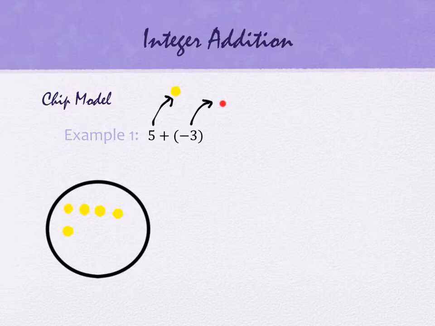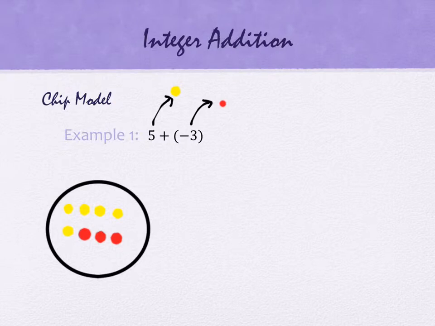And then what do you think I'm going to do? Well, I'm not going to mark them out. I'm adding, so I'm going to add in 3 of the red chips, whatever your color was. So I've got 3 red chips, 5 yellow chips in the bag. Okay? This is where you start.